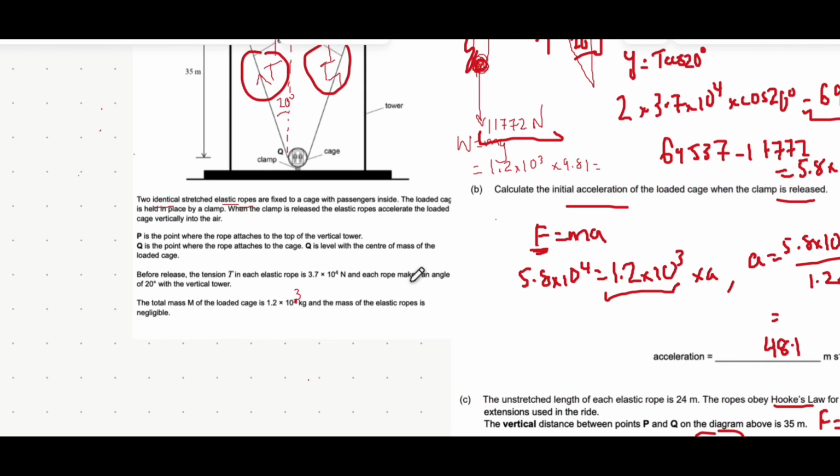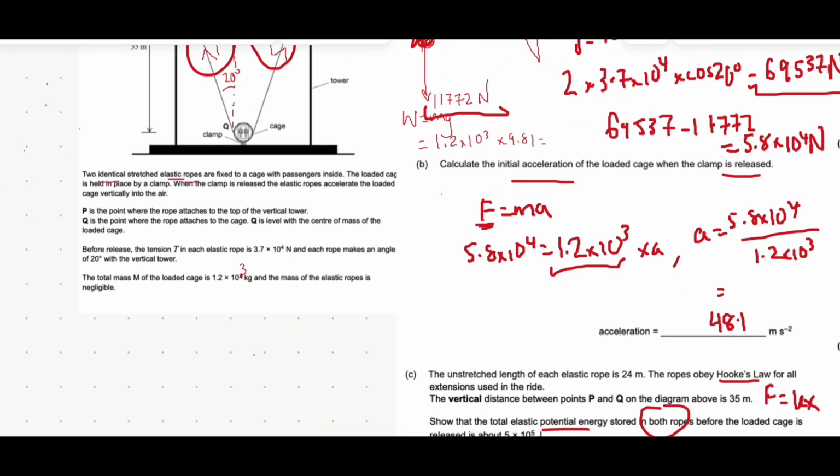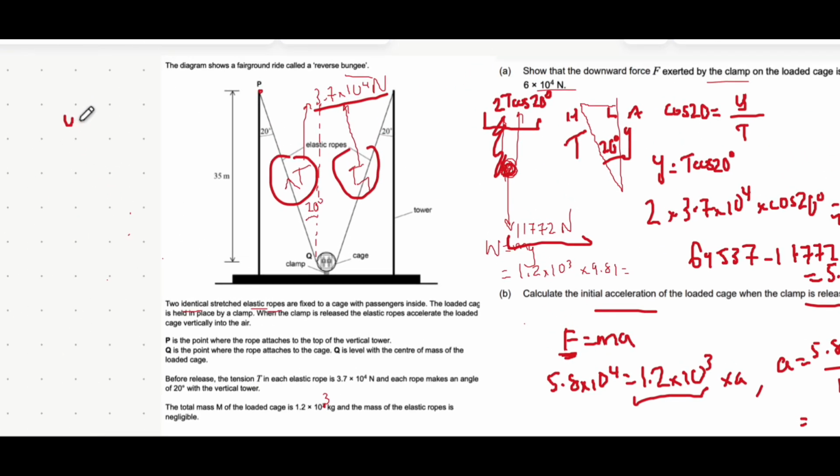Okay, so we want the total elastic potential energy in this diagram here, given that the unstretched length is 24. So you guys can spend a minute doing this if you like, but I'll go through it. Let's first think, what equations do we know for elastic potential energy? There's two that come to mind straight off the bat: a half Fx, a half times force times extension. And because we know the force acting on the ropes is tension, we just need to find the extension somehow.